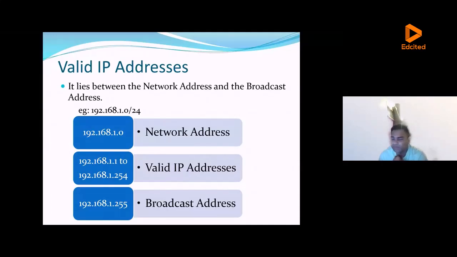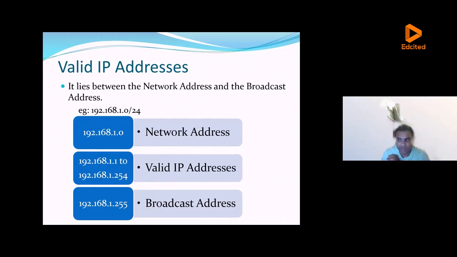Now you remember that I was doing -2 in every network. What is the purpose of that? The purpose is that in any network you have, you cannot use the first and last IP of the network.